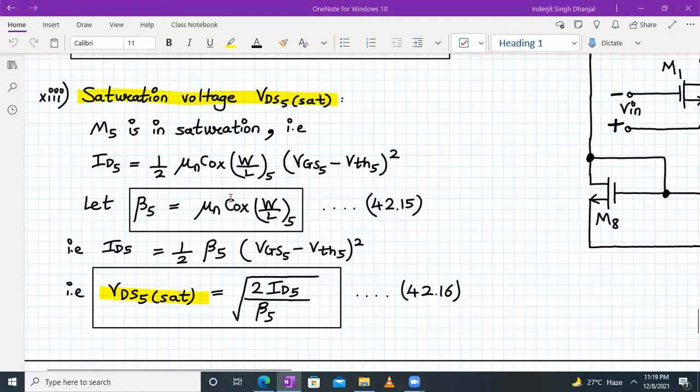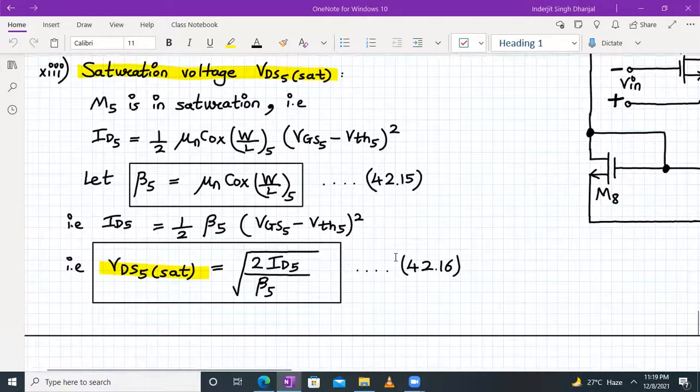So we let beta 5 be equal to mu n Cox W by L of 5, correct? So ID5 will be equal to half into beta 5 into VGS5 minus VTH5 the whole square. So what will be your VDS5 sat? VDS5 sat is nothing but VGS5 minus VTH5. So VDS5 sat is equal to square root of twice ID5 divided by beta 5.